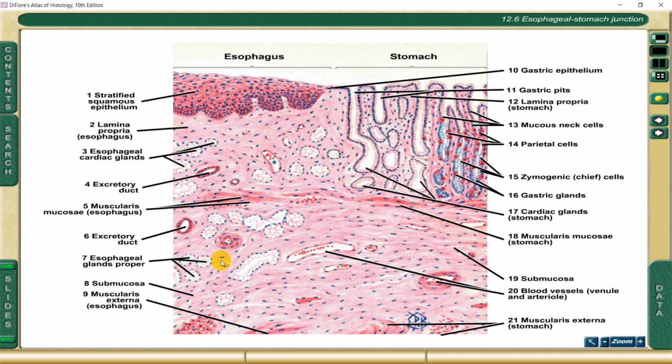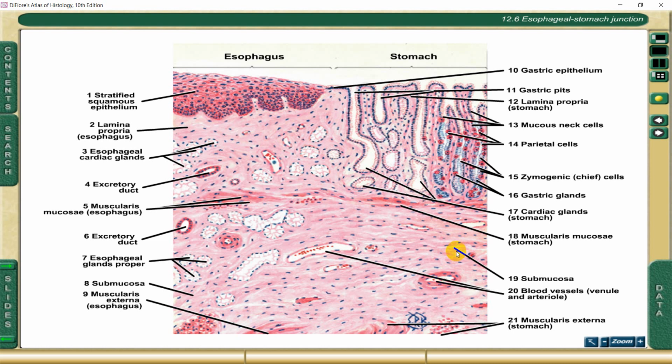Submucosa in the esophagus has glands, which are the esophageal proper glands. The submucosa in the stomach has no gland. Esophageal with the esophageal proper gland. In the stomach, the submucosa, no gland. Muscularis externa in the esophagus, two directions, two layers, inner, outer.